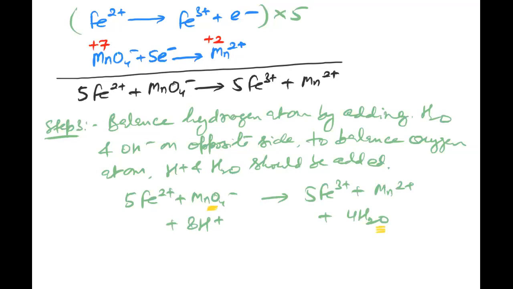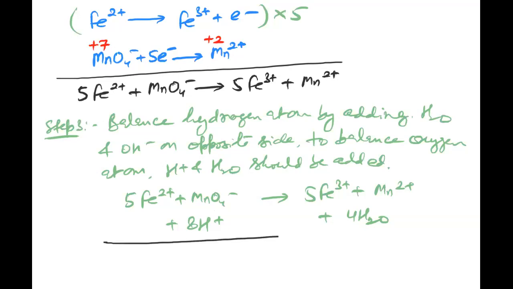We have 4 oxygen atoms on both sides. On this side we have 8 H plus, on this side we have 4 H2O.